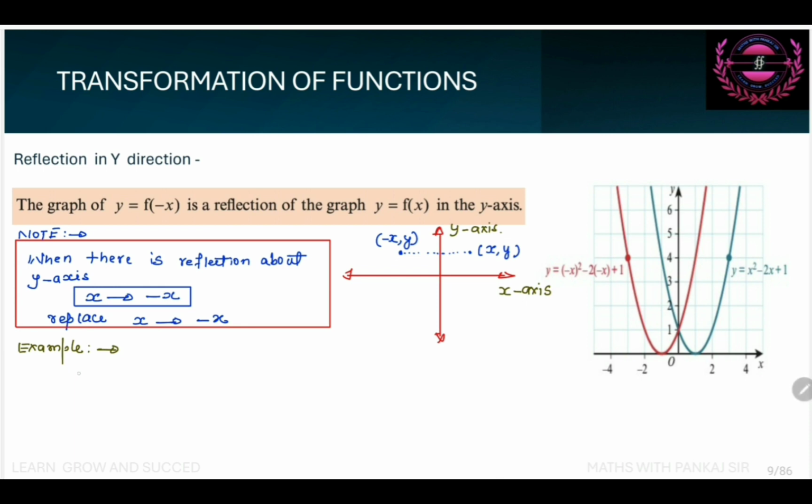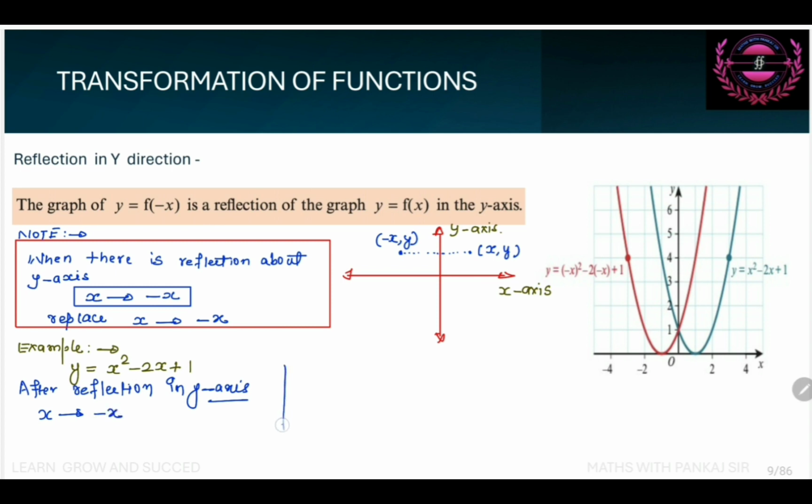For example, we have a function y equals x square minus 2x plus 1, and I want a reflection of this graph about y-axis. Then after reflection in y-axis, x becomes minus x.